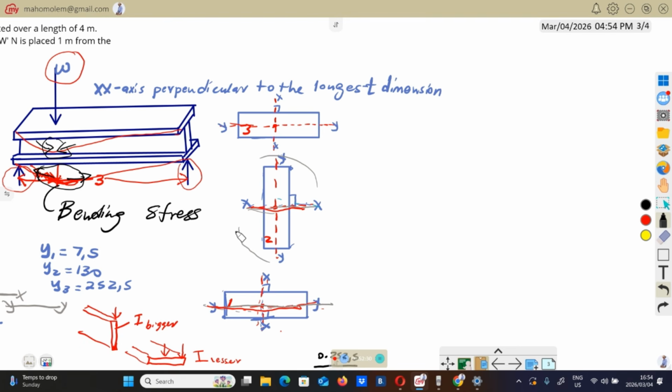That resistance to bending is I. So it will have 2 different values of I, and we call them IXX and IYY.